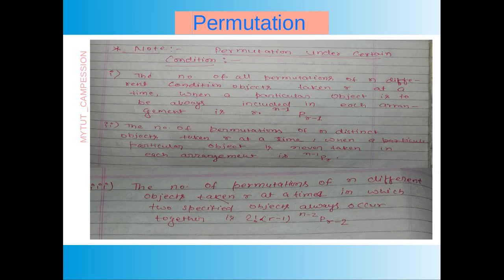Okay. Now, here is a note: permutation under certain conditions. The first condition is the number of all permutations of n different objects taken r at a time when a particular object is always included in each arrangement.